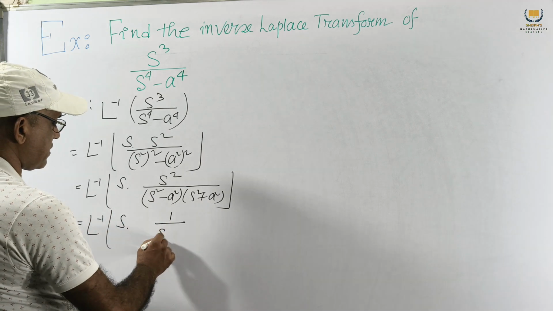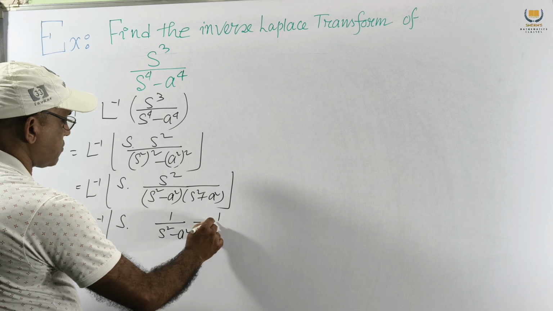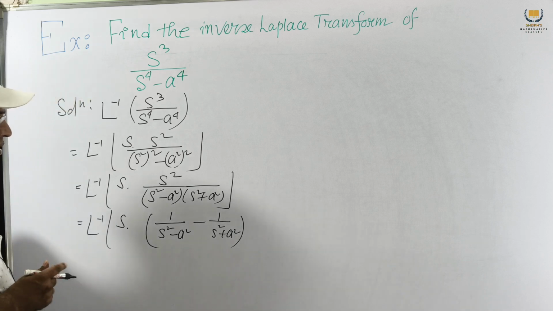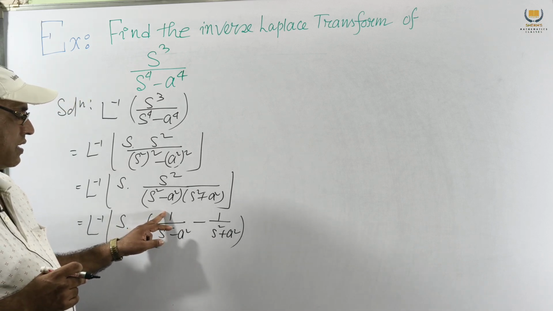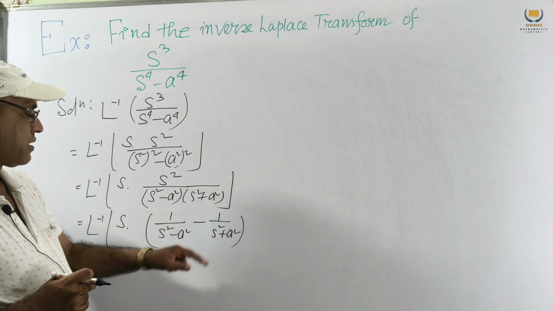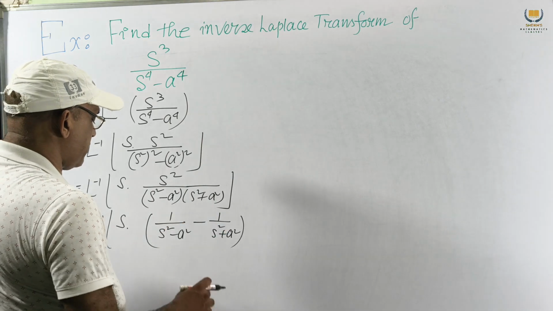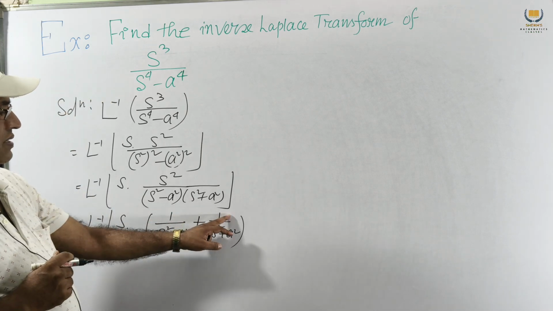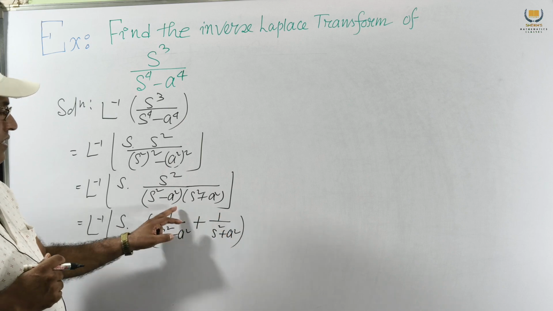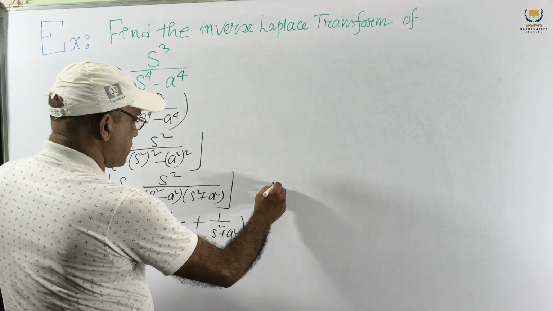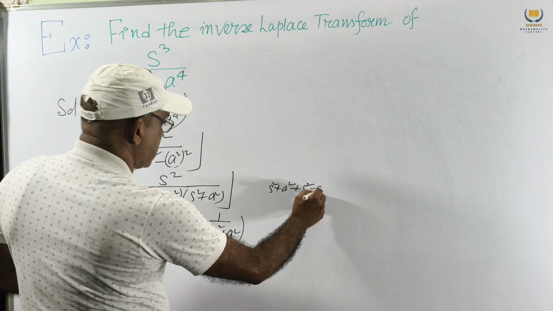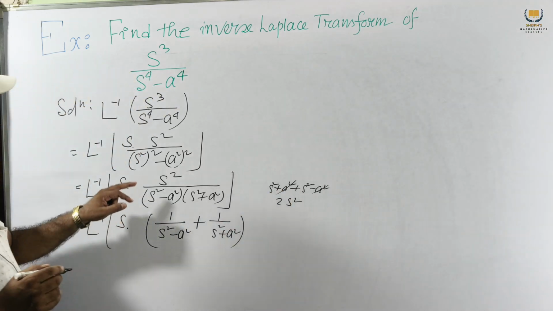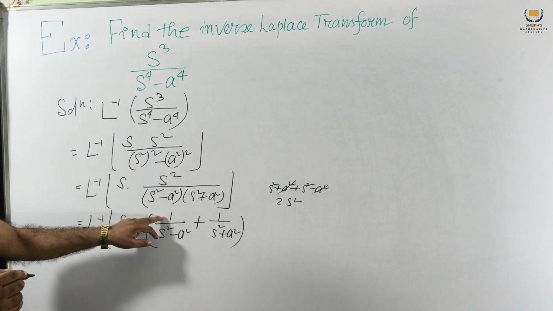We write 1 by s square minus a square, minus 1 by s square plus a square, and then the numerator is s square plus a square minus s square plus a square. Here a square cancels, and we get 2a square, but actually the numerator is 1 s square, so we get 2s square if we recalculate this.